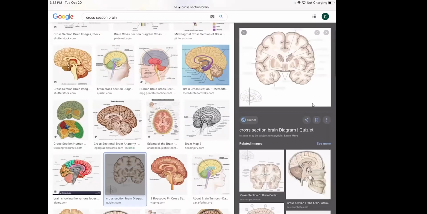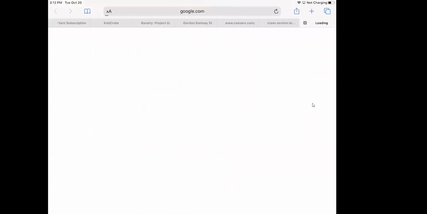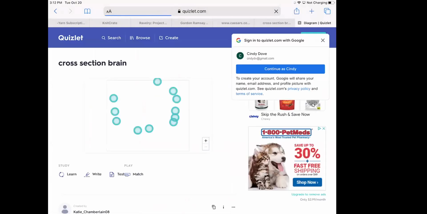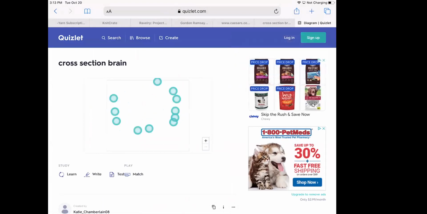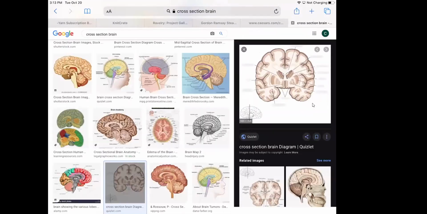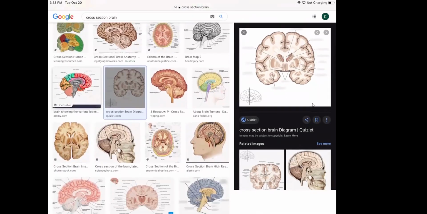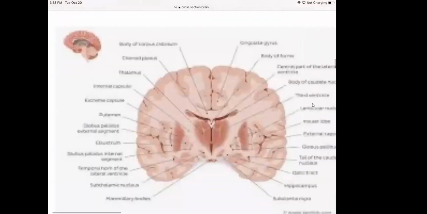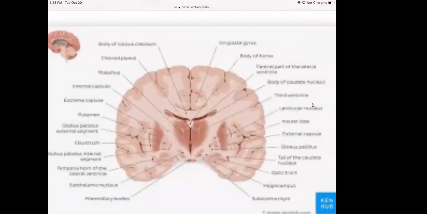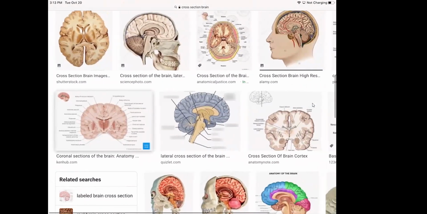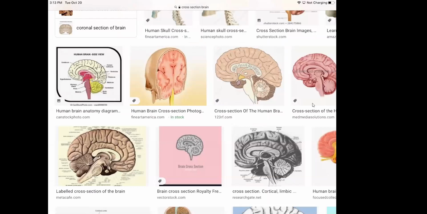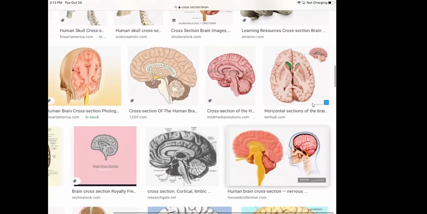So, okay, this isn't the best one. Let's see what happened. It's not there. I don't want to sign into Quizlet. Oh, that's Quizlet too. That's not focused. Shoot, come on. Trying to find you a good picture.